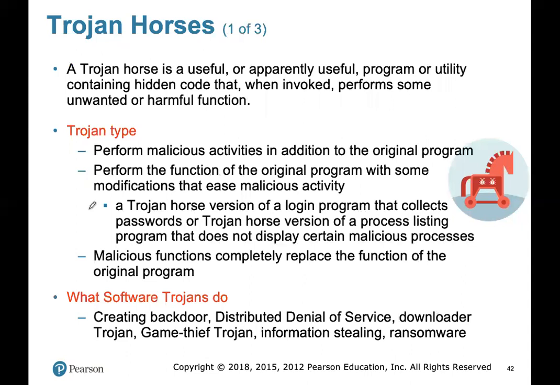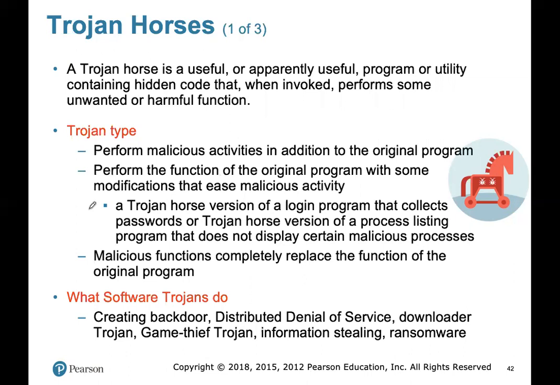Okay, the next type of malware that we are going to talk about is called Trojan horses. I have already given you a brief description of Trojan horses. It means that you have an application which seems to be safe or normal, but it has some malicious functionality hidden in the application.